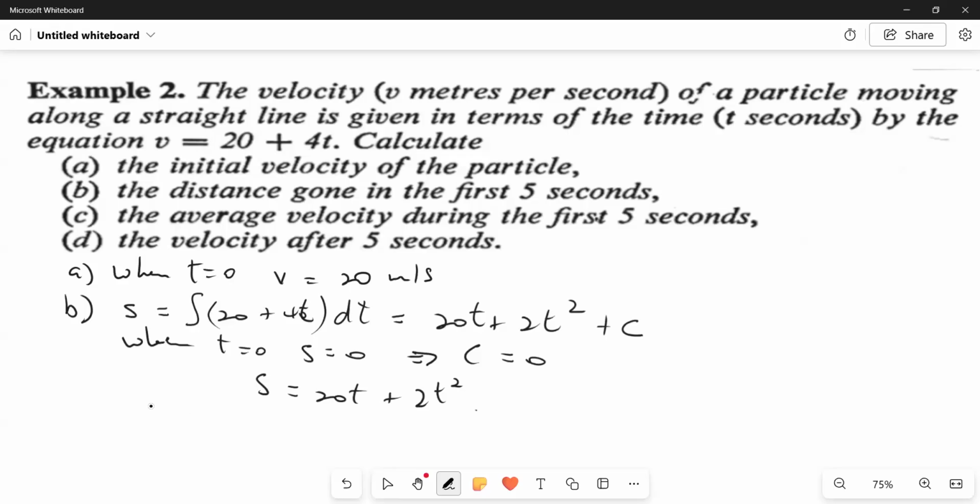So the first 5 seconds, in other words, when t equals 5, s is equal to 20 by 5 plus 2 by 5 squared, right? And that will give us 100 plus 50, 150 meters. Right, that's part b.